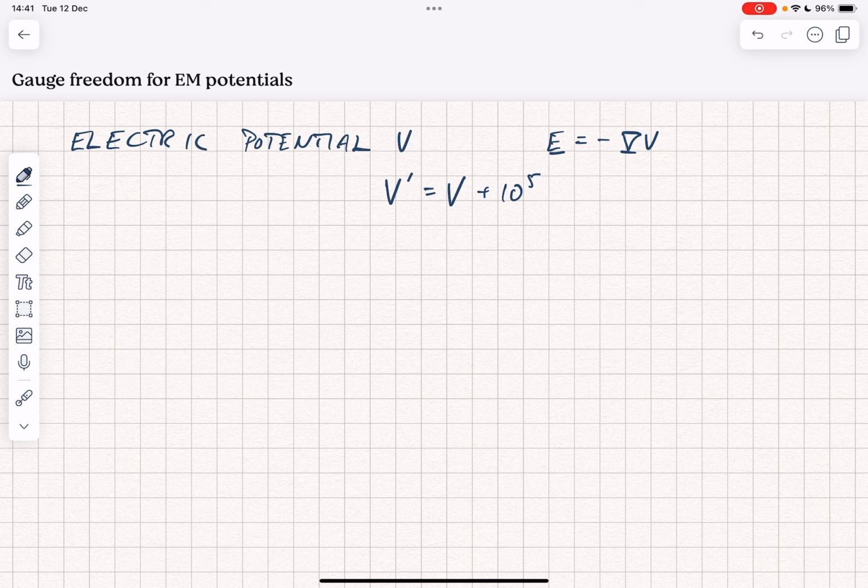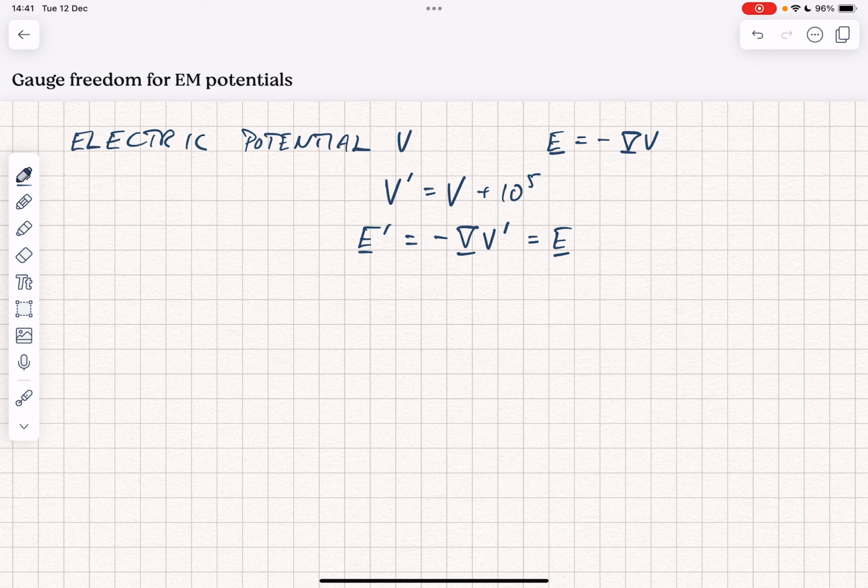So we're raising the potential totally, but the electric field E prime, which is minus the gradient of V prime, is equal to E, minus the gradient of V, because the gradient of the number 10 to the 5 is 0. So this is simply saying that for the scalar potential, we have the freedom to set the 0 point.